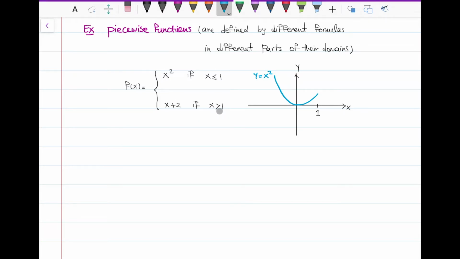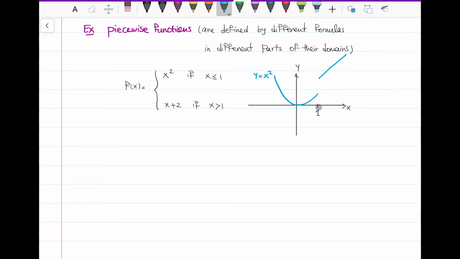And then if x is greater than 1, it's going to follow the line x plus 2. So the line x plus 2 would be something like this, okay? But after x equals 1, it has this graph, okay? The line goes like this. But after x equals 1, it's like that.